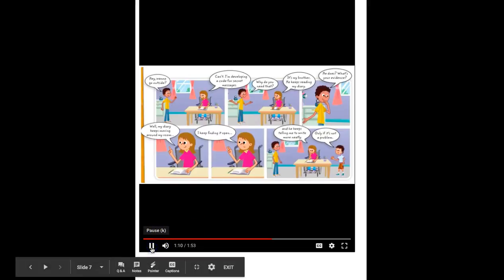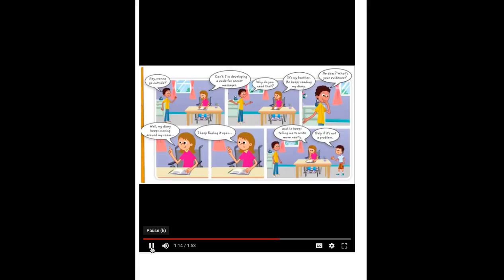So, with this cartoon that we just saw, the author is trying to get something across, and he or she is developing their points. So what are the points that they're developing here? Well, the girl's main point here is that her diary keeps being read by her brother.